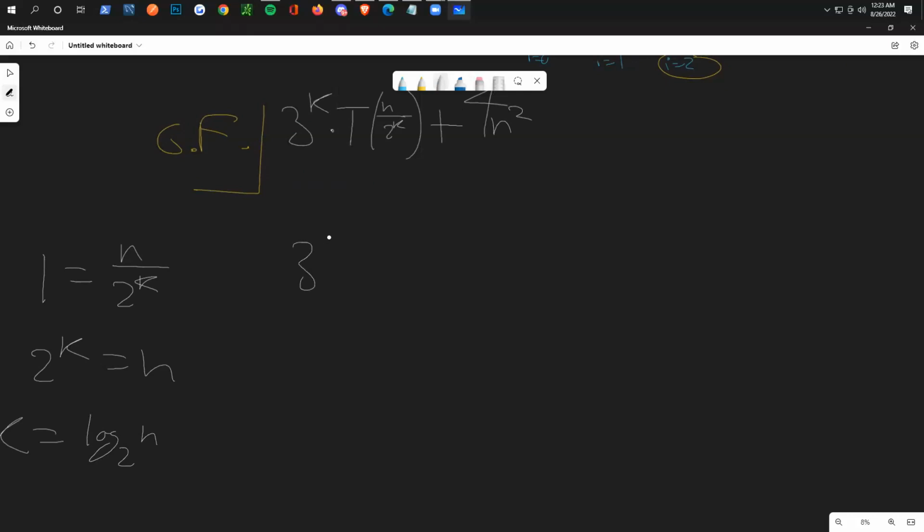We're going to have 3 to the log base 2 of n times 1 plus 4n squared. This right here is going to be, I believe they said, n to the log base 2 of 3 plus 4n squared.